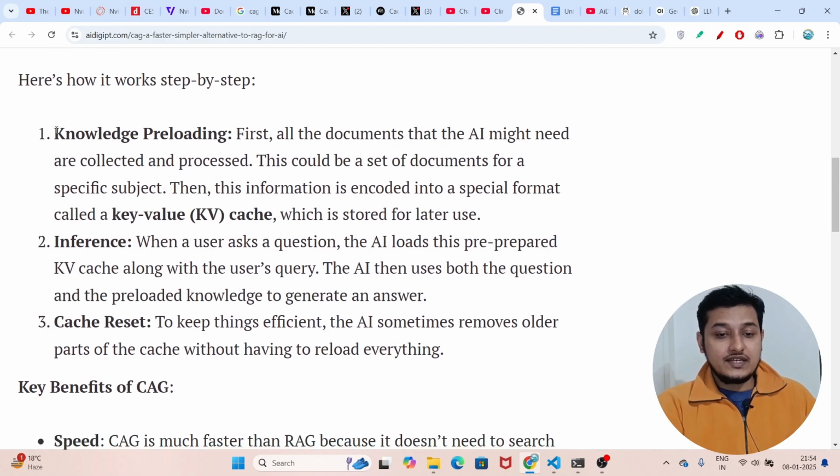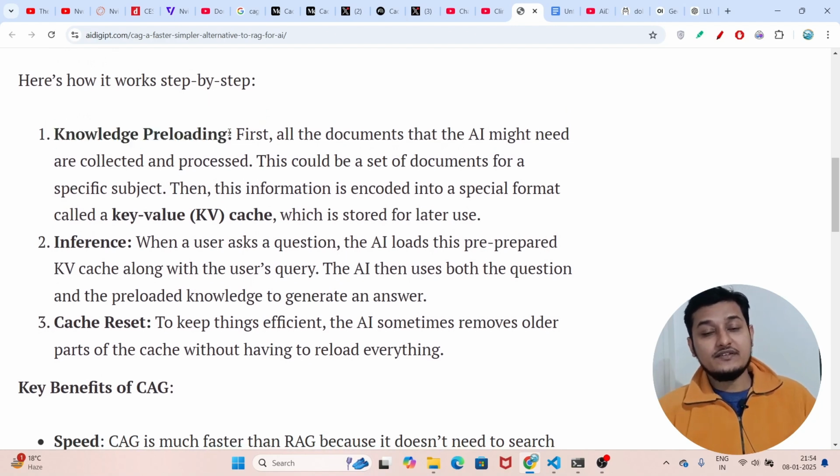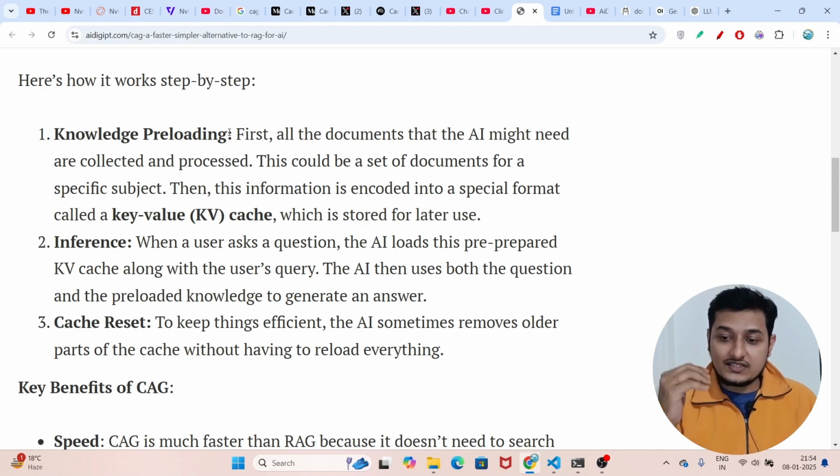So here you see knowledge preloading. In RAG there is no knowledge preloading. When you ask a question, it every time goes to the database or knowledge base, finds the answer, and gives it to you. That is the RAG system.